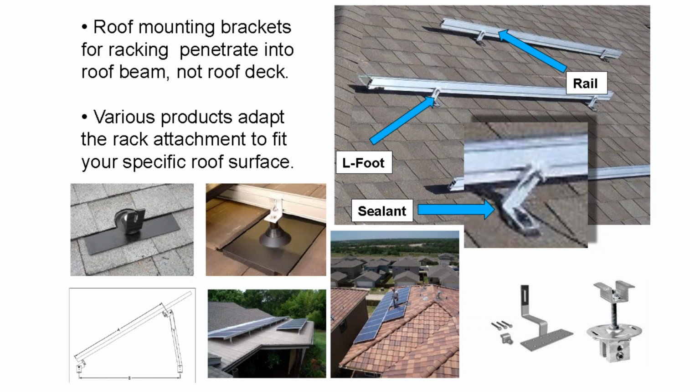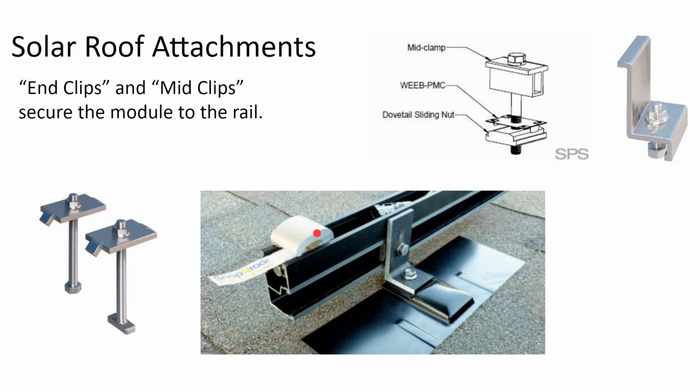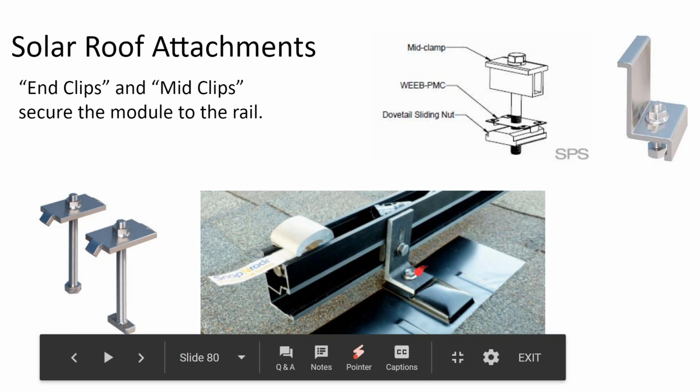On the bottom right, we see a clip that clips to standing seam metal roofing. I actually, out of all metal roofs, standing seam metal is my least favorite to work on. We'll get into a reason why. But above the attachments, you got the flashing, you got the L-foot, and then you have your rail.